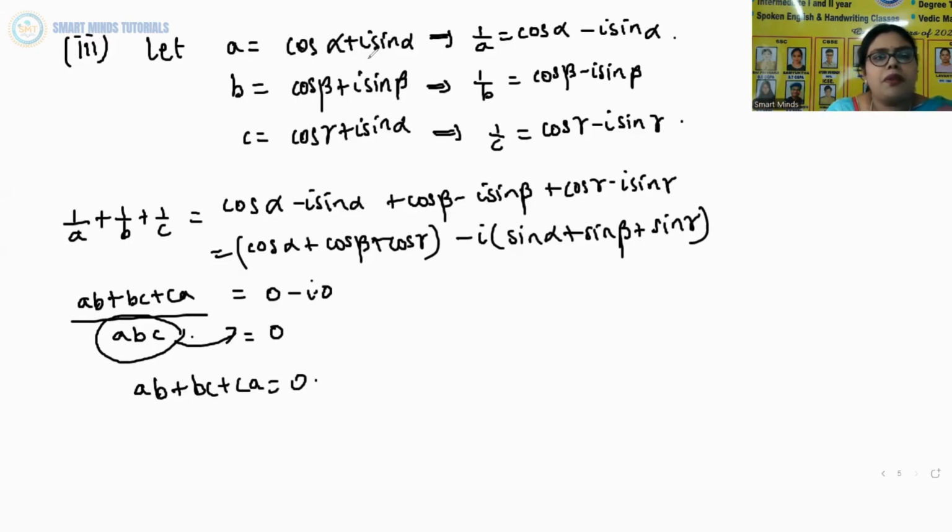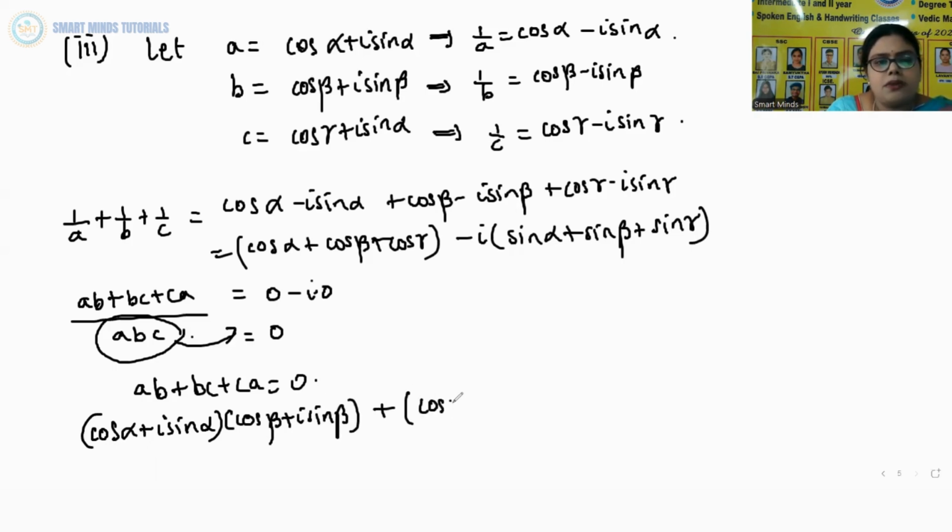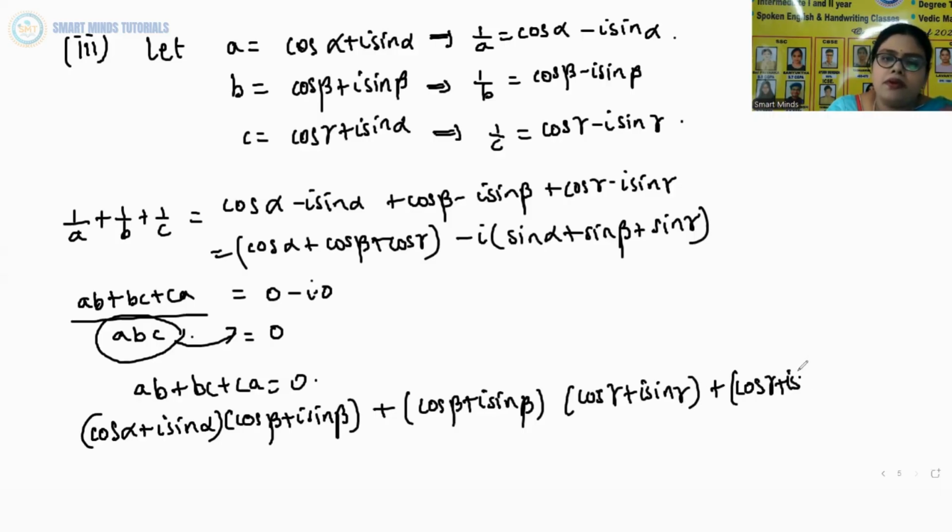Now again I will apply the values of A, B, C that we have assumed in the beginning. So that is (cos alpha plus i sin alpha) into (cos beta plus i sin beta) plus (cos beta plus i sin beta) into (cos gamma plus i sin gamma) plus (cos gamma plus i sin gamma) into (cos alpha plus i sin alpha).